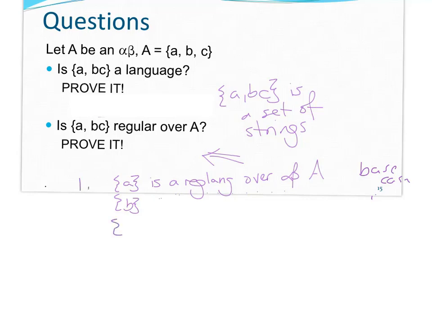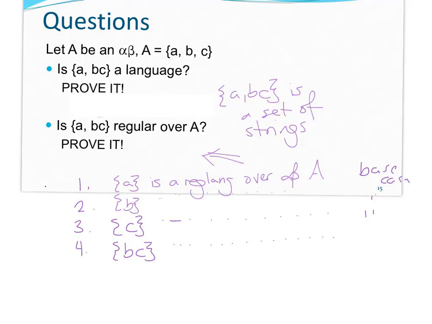Let's give these numbers. That's line 1, that's line 2, that's line 3. C is a regular language over the alphabet A. Again, that's the base case. But that tells us that the set containing BC is a regular language over the alphabet A. Why is that?